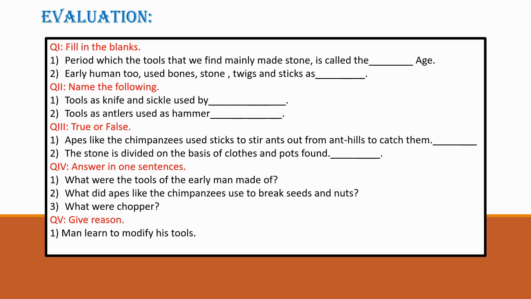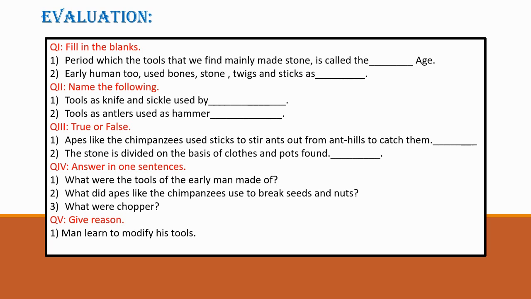Answer is tools. Tools such as knife and sickle were used by dash people. Answer is Homo sapiens.